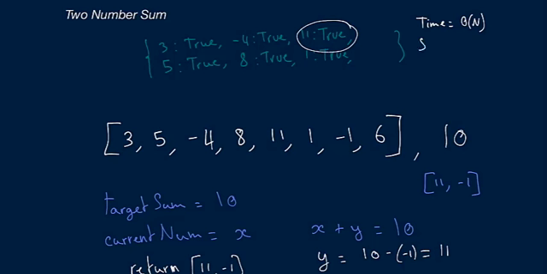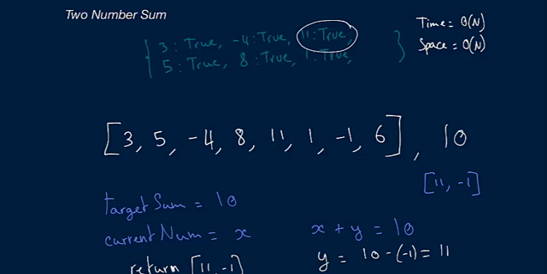Now, the space complexity is also going to be O of n, because we are adding values to a hash table. Here we saw that we went all the way to this negative 1, which was the second-to-last number in our array, so we stored a bunch of values, nearing n values in our hash table.